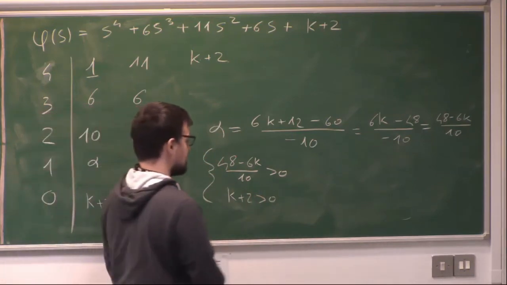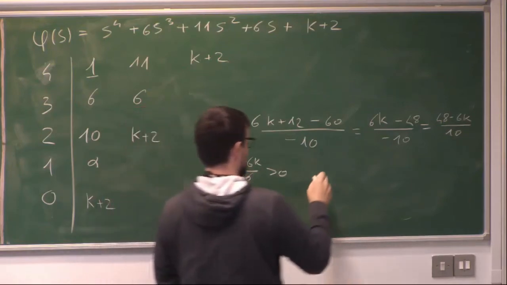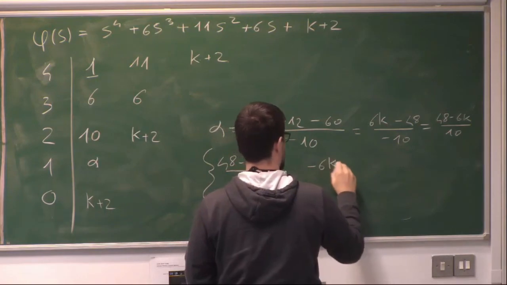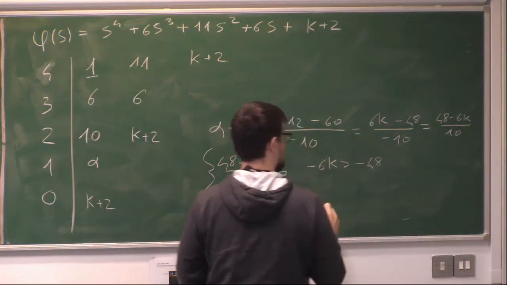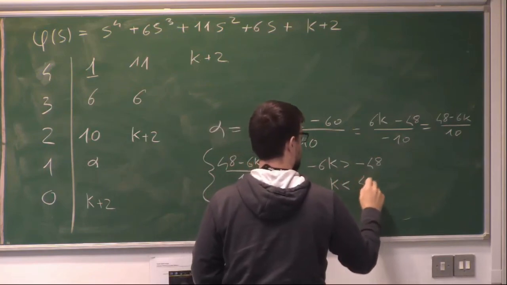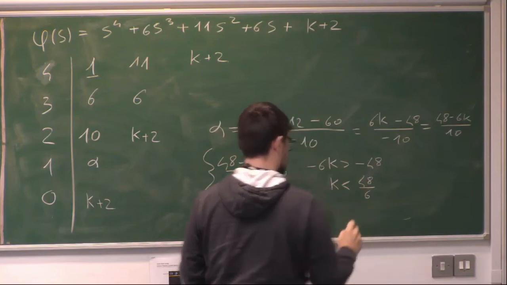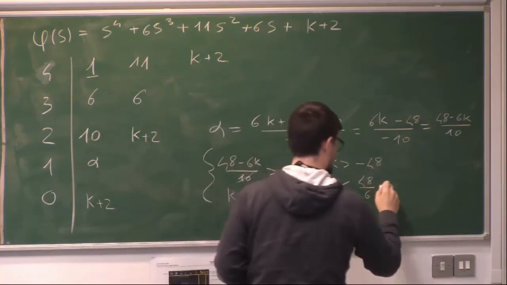To solve this, we see that here we can eliminate 10, and here we have minus 6k greater than minus 48. So this implies that k is less than 48 divided by 6, and this is equal to 8.